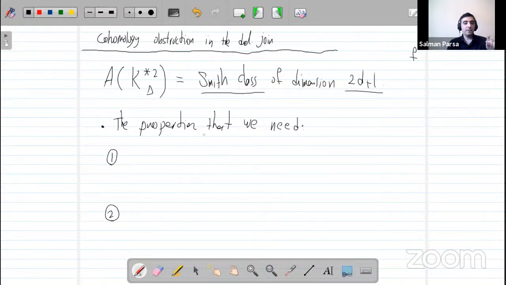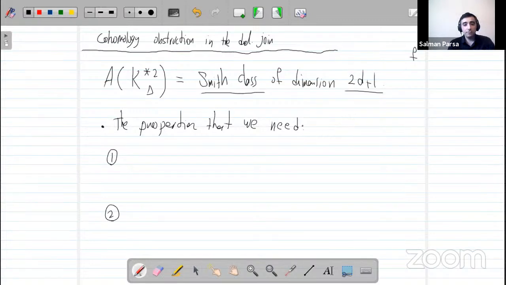Okay, now the properties that we need from this Smith class, and I define this A, which is the obstruction, is the Smith class of dimension 2D plus 1, which, as Sergey said, is some kind of an analog of the Van Kampen obstruction for the join. But I want to have two properties, which help me a lot. Now I work with general complexes.